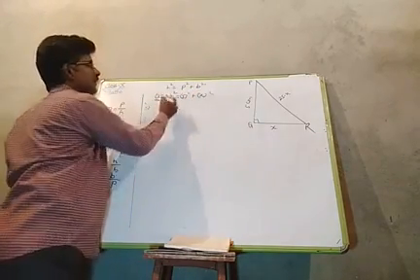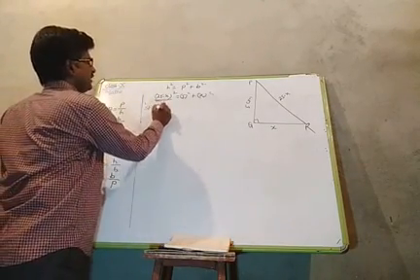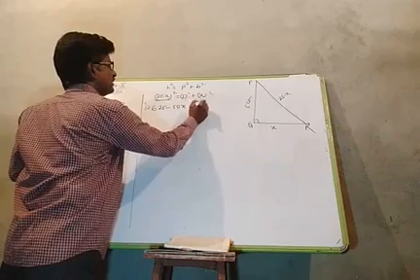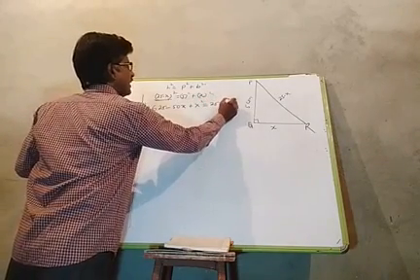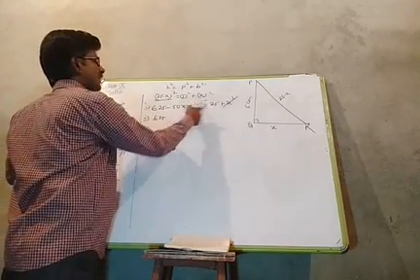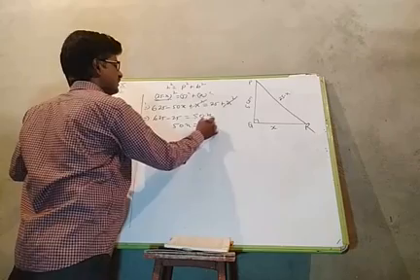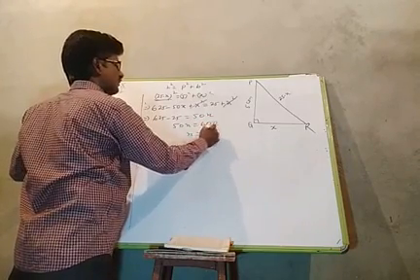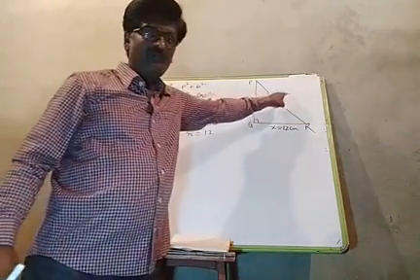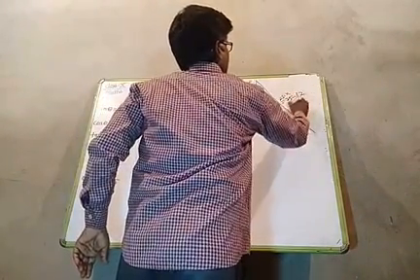Using a minus b whole square is a square minus 2ab plus b square, we get 625 minus 50x plus x square is equal to 25 plus x square. The x square will be cancelled. Now 625 minus 25 is equal to 50x. So 50x is equal to 600, then x is equal to 12. So x is 12 centimeter, and 25 minus x is 25 minus 12, that is 13 centimeter.